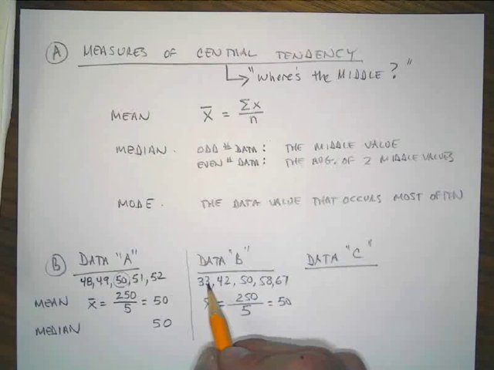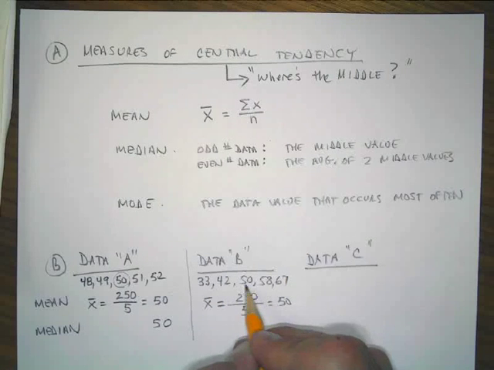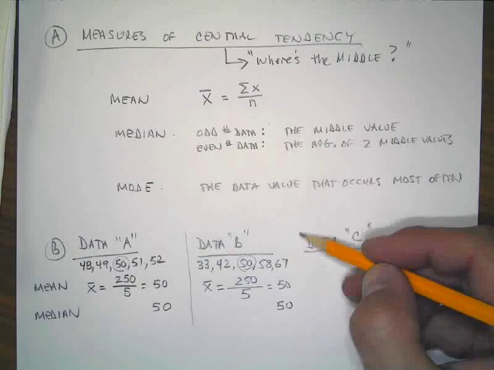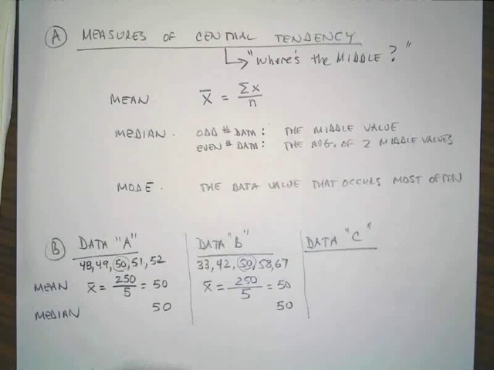They are arranged from small to large, and so the median is 50. Now, let's compare these two data sets. So if we look at A and B, they have the same mean and the same median.